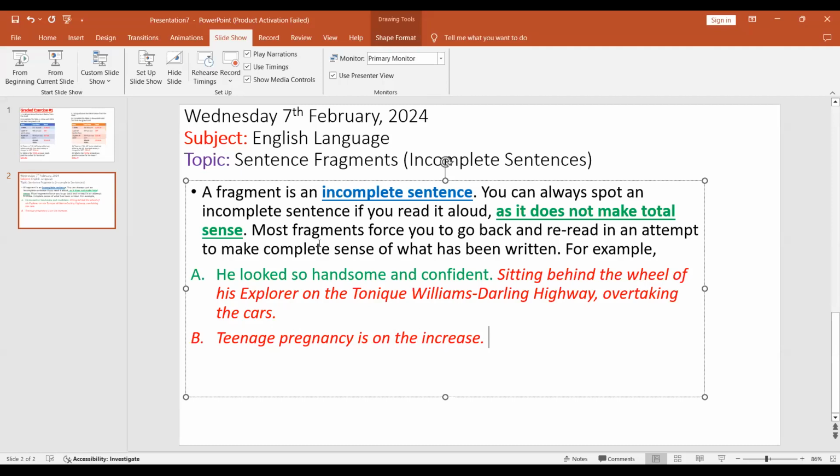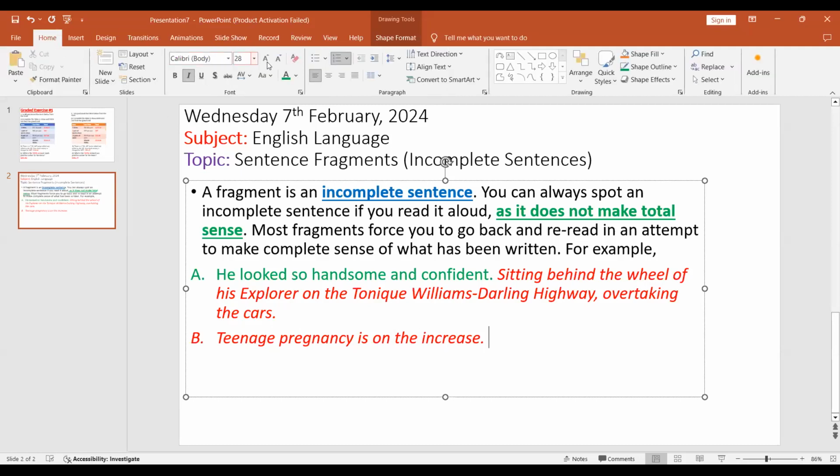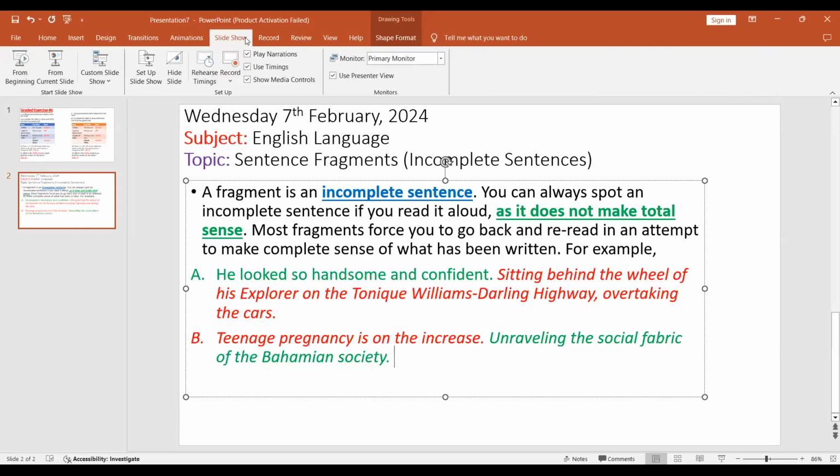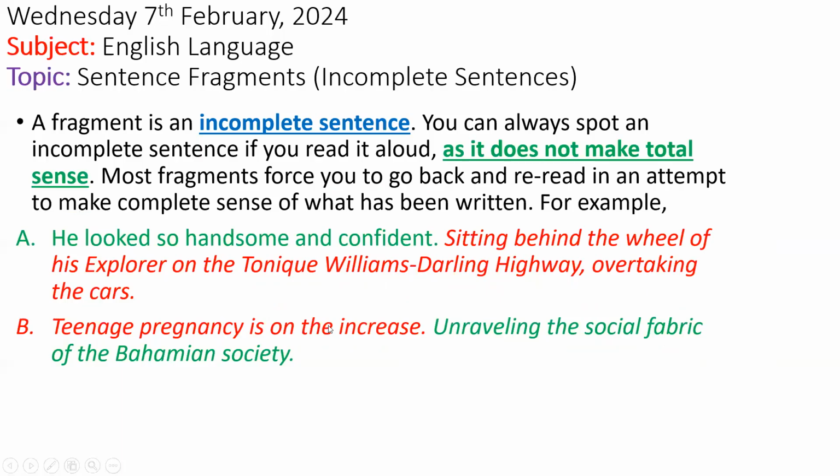Okay. Unraveling the social fabric of the Bahamian society. Okay, good.